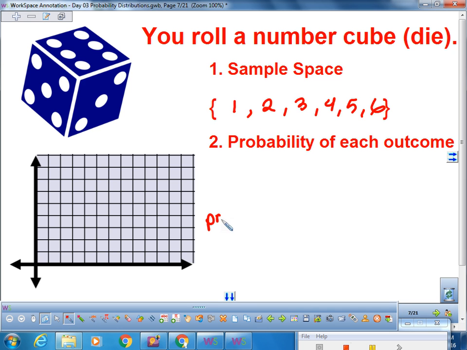That was the y-axis. What does that depend on? What does the probability depend on? The variable. It depends on the sample space.